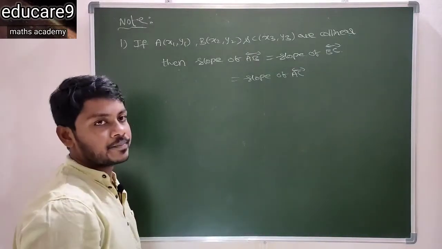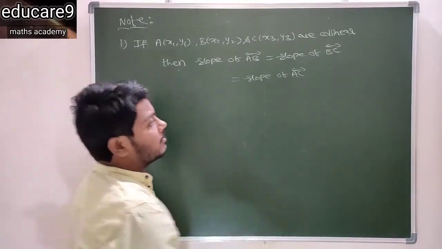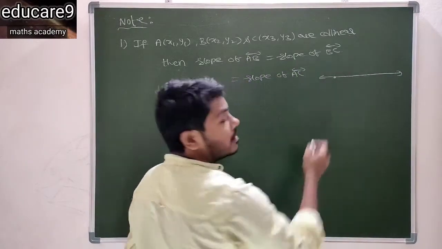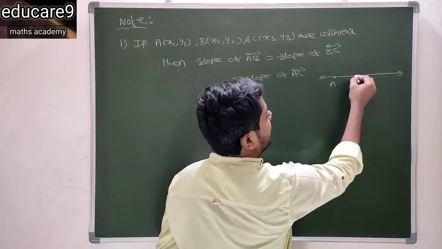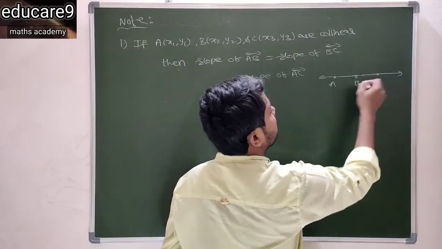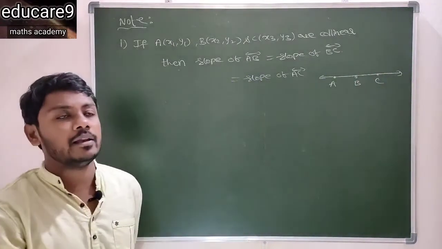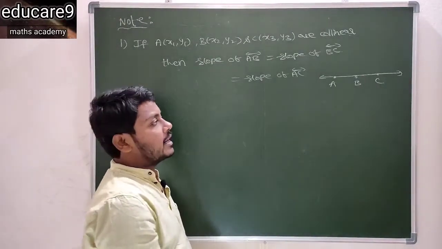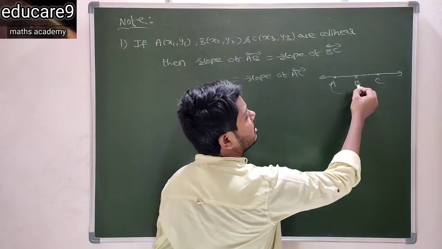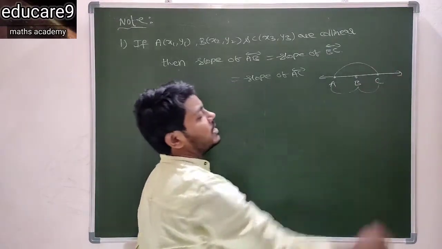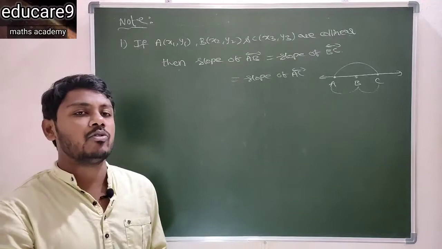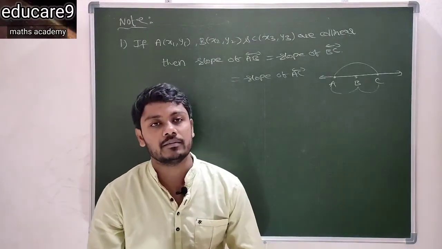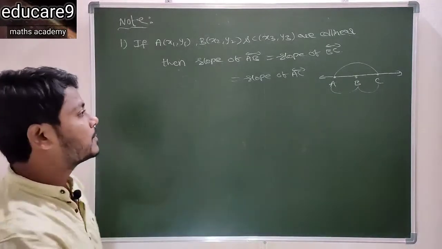Okay, so see here, this is any line. So on this line A, B and C, three points lie on the same line, then you say that A, B, C are collinear. So in that case slope of AB is equal to slope of BC is equal to slope of AC. So these all slopes are equal. So then only you can say that the given points are collinear. So this is the first condition.